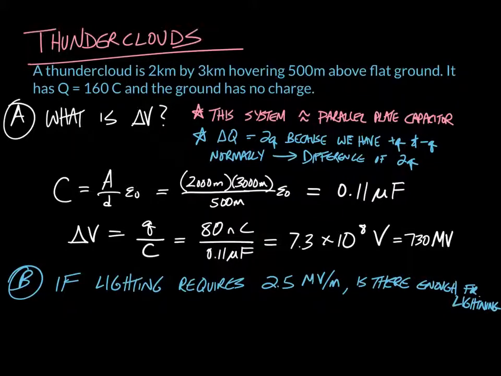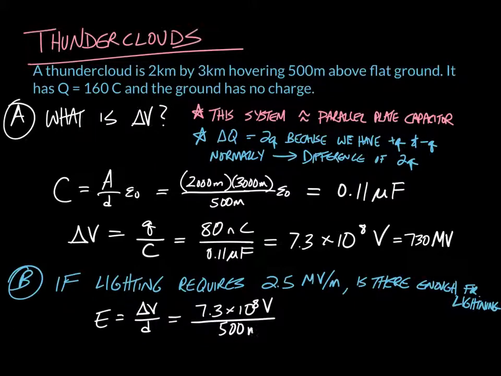All right, so we do the math. So our electric field, instead of V equals ED, I can just rearrange that to E equals the difference in potential per distance. So I have my 7.3 times 10 to the 8 volts divided by the 500 meters, that vertical distance. And this only works out to 1.5 megavolts per meter. So not enough.